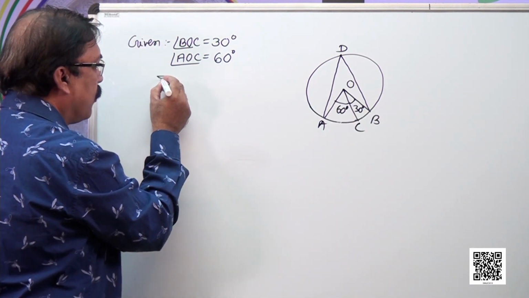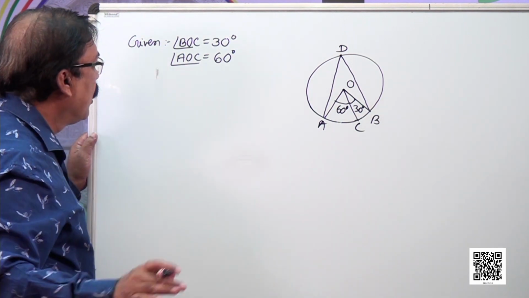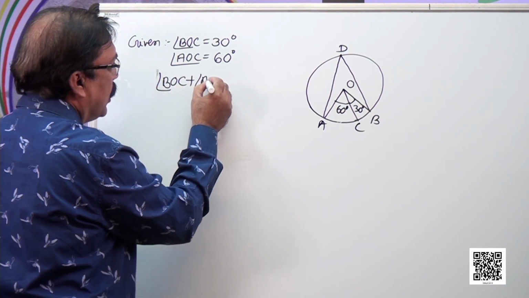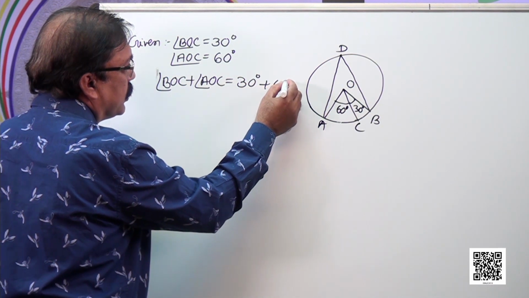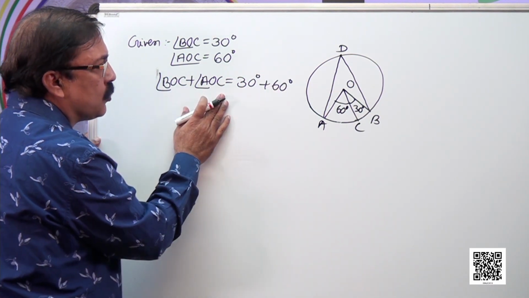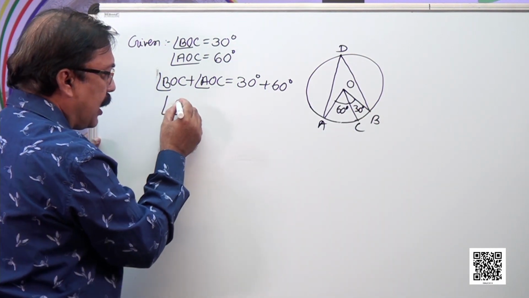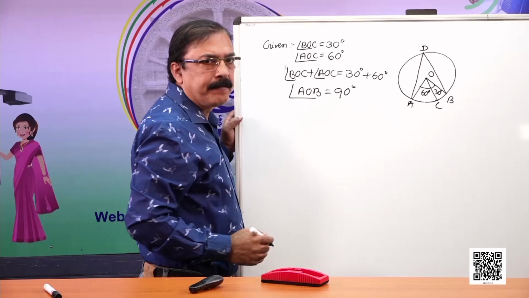So sum of these two angles, that is angle BOC plus angle AOC, is equal to 30 degree plus 60 degree, and sum of these two angles is same as angle AOB. So we can write angle AOB is equal to 90 degree.